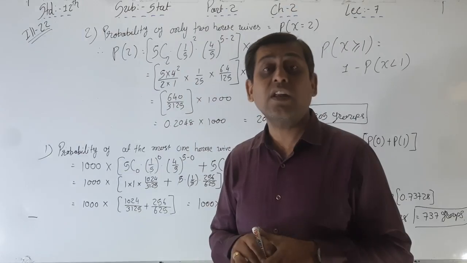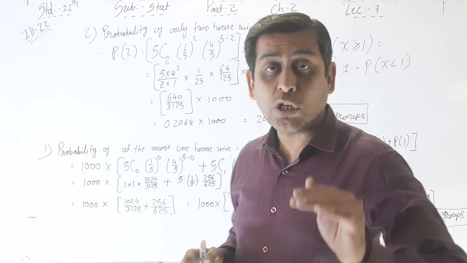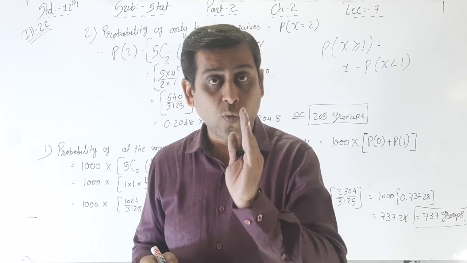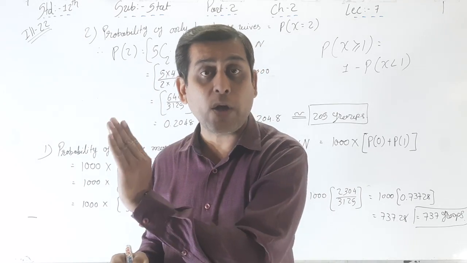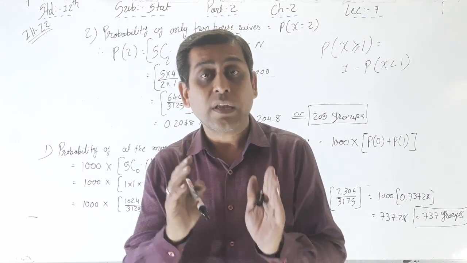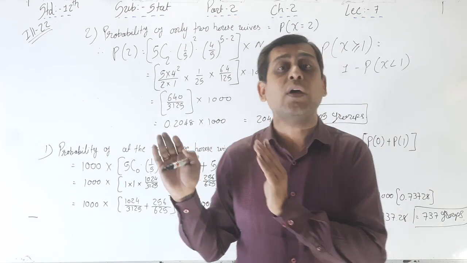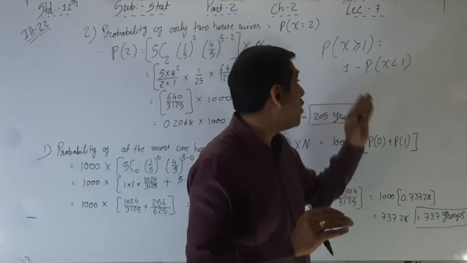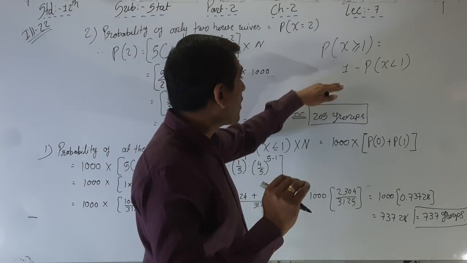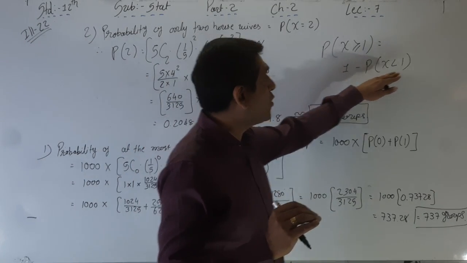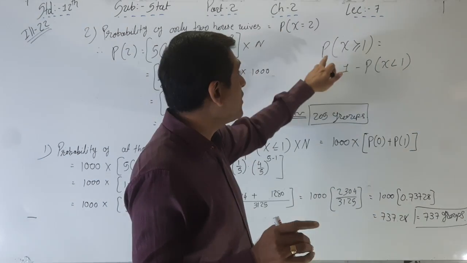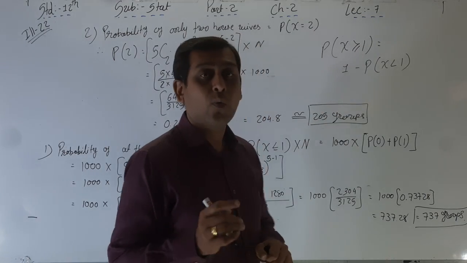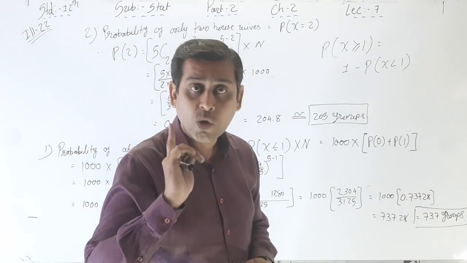If we are finding all the values 1, 2, 3, 4, 5, then it is a very big sum. Now we have to take some shortcut. What is that? 1 minus P of x less than 1 is equal to P of x greater than or equal to 1, because the total probability is always 1.